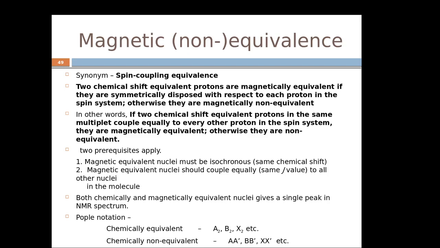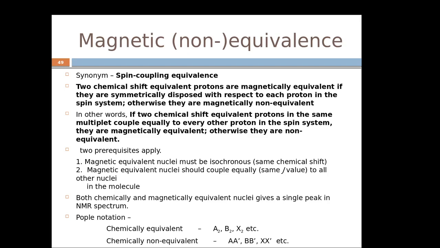Say if you take CH3 protons, methyl protons, and you label them proton A, proton B, and proton C. Then all these three protons are in the same electronic environment, so these three protons are chemically equivalent to each other.